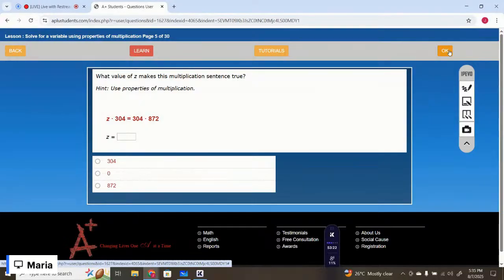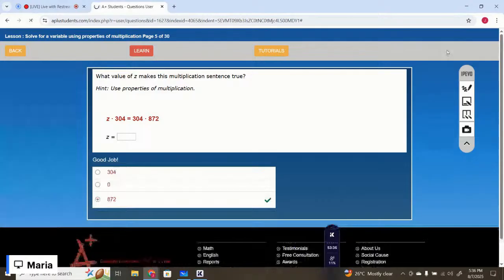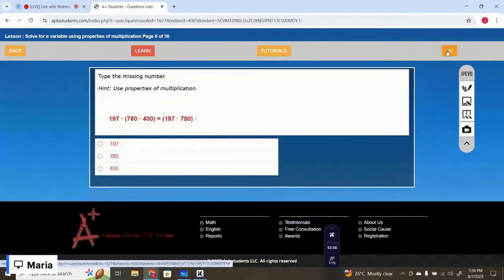So that is the commutative property. So 304 times 872. Option number 3 is the correct option. So the missing number is 400.